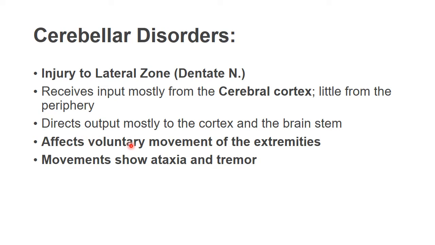So it will affect voluntary movement of the extremities, and there is always ataxia and intentional tremor. Which type of tremor? Intentional tremor.